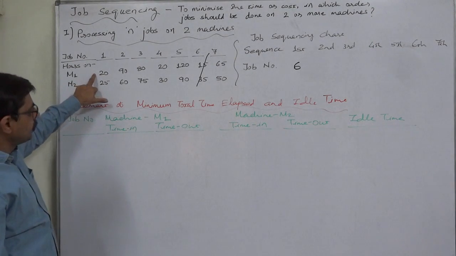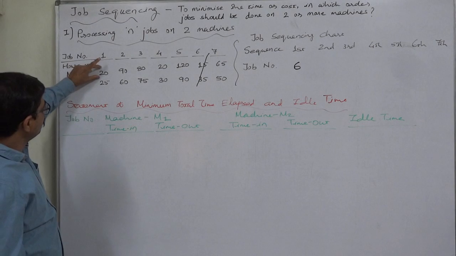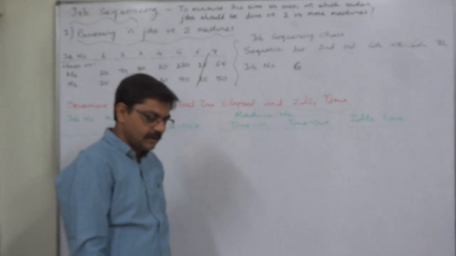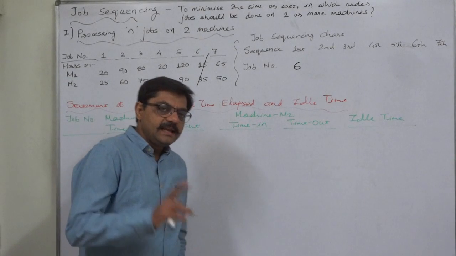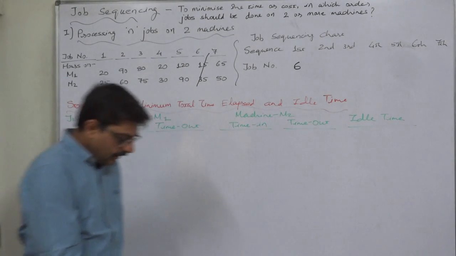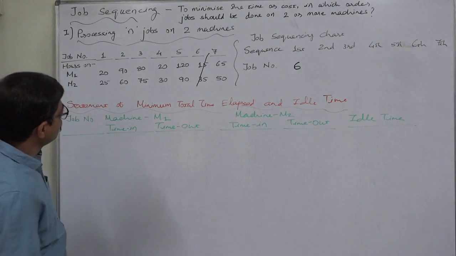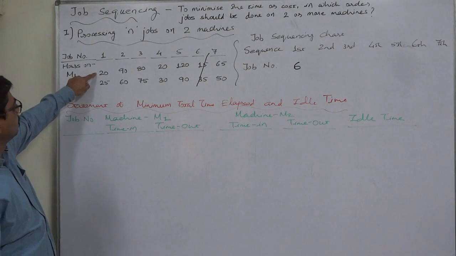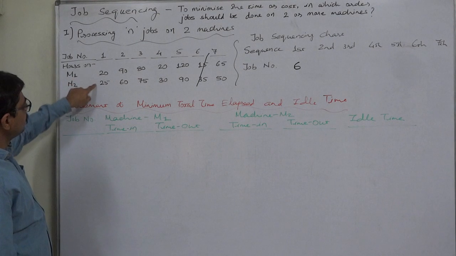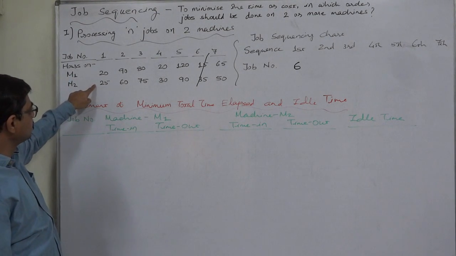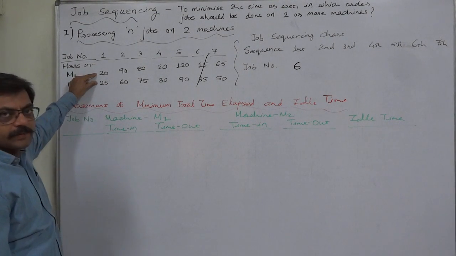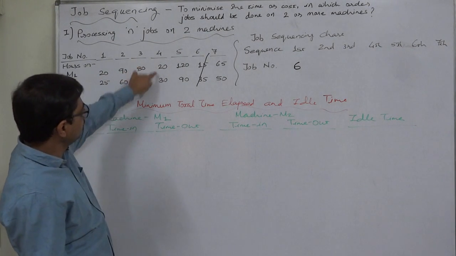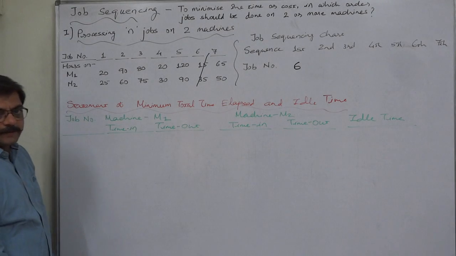On machine 1, both job 1 as well as job 4 have 20. This is the situation of a tie, and the tie is on machine 1. If the tie is on machine 1, first let us get the total time required to complete the job on both the machines. In case of job 1 it is 20 plus 25, 45, and on job 4 it is 20 plus 30, 50.